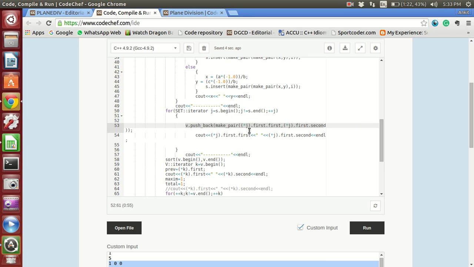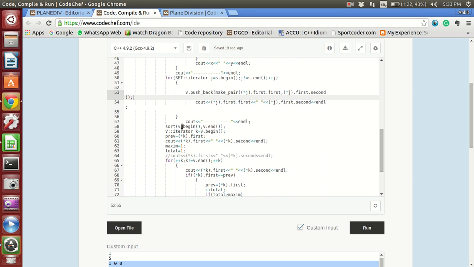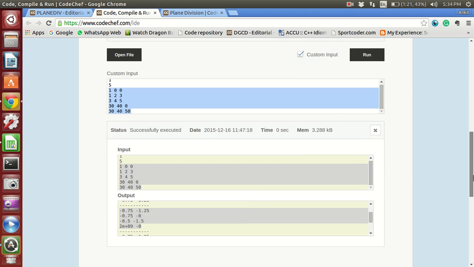We can extract the values of a pair by dot first. You can learn much more about these STL libraries by going through various docs. Then we are sorting the vector by the sort function, and after sorting we would have something like this.